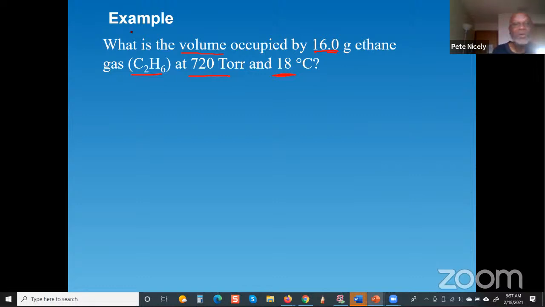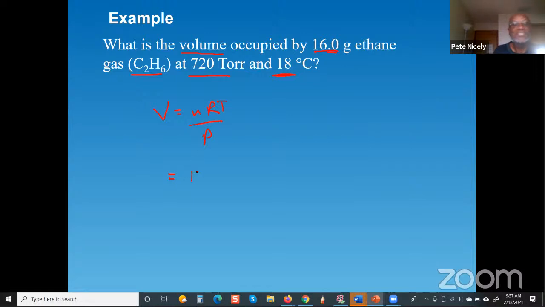So I would write down a rearrangement of the ideal gas equation, which is V is equal to nRT over P. And then now I would try to find each of these terms, right? So the first one is n, which is the number of moles. We're not given the moles, but we're given a mass. But we know how to convert from mass to moles.